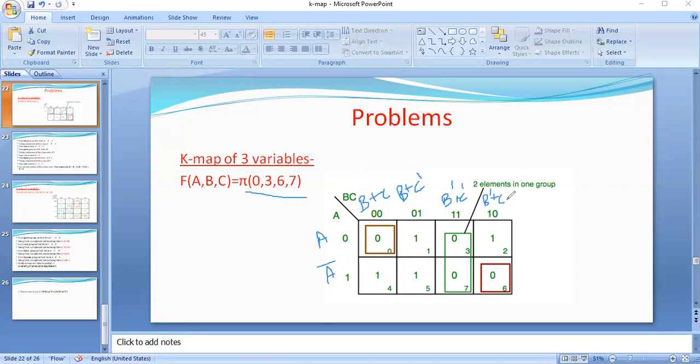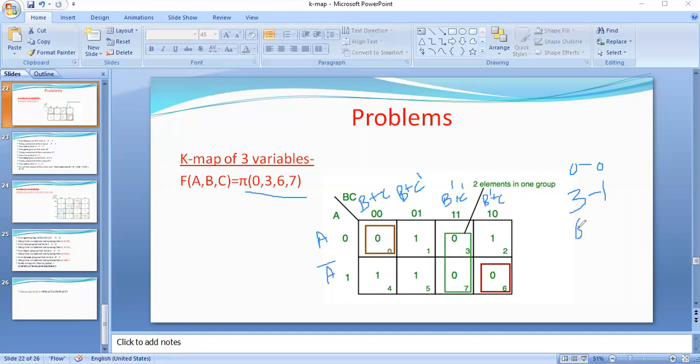After that, what we have to do? We have to write the number of adjacencies, and the procedure is the same. For max term 0, what is the number of adjacencies? There is no adjacency for max term 0, so the number of adjacencies is 0. Next, for max term 3, only 7 is adjacent, so the number of adjacencies is 1.